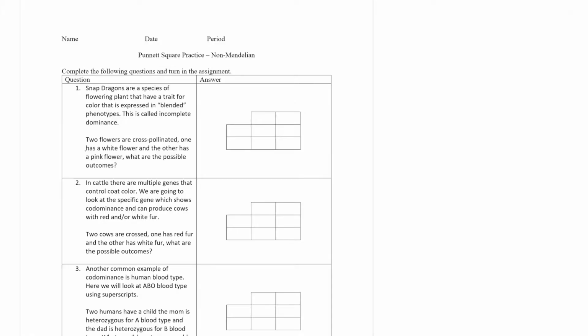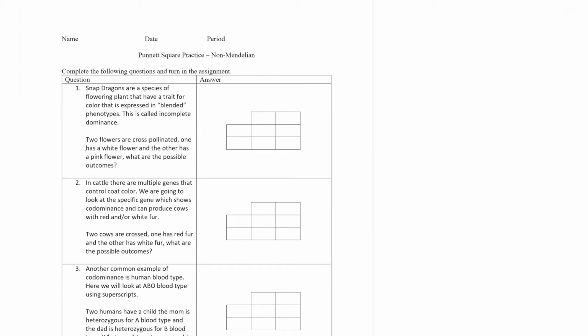Snapdragons are a specific species of flowering plant, and when they are crossed, they produce three different colors: red, pink, and white. At first this puzzled biologists because it wasn't just two versions of the characteristic. There wasn't a dominant and a recessive. There were three. So what was this third one called?